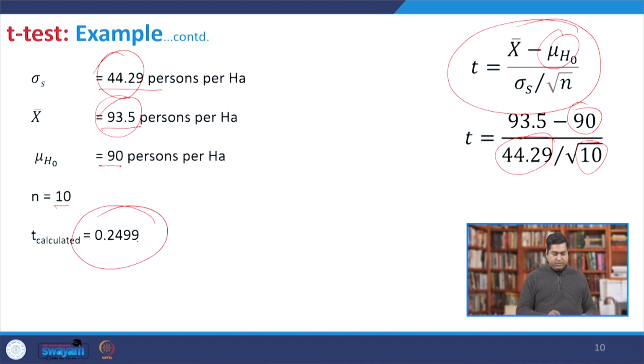You can always decide how many decimals you are going to round it off to. But anyway, keep in mind that this is 0.2499. So, this is t calculated.